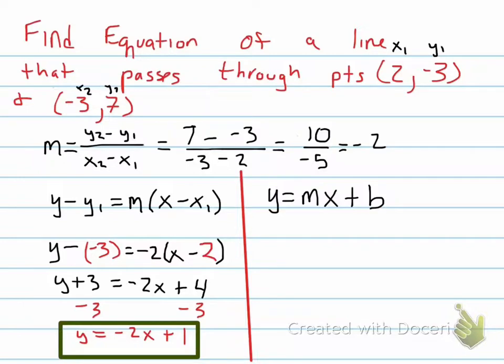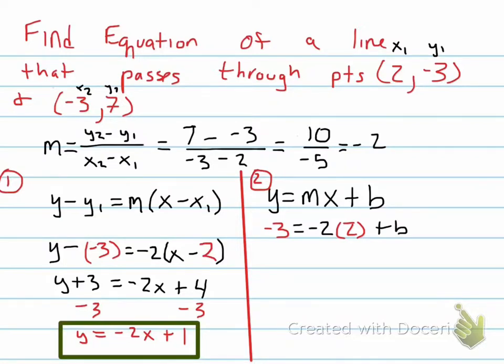So here's way 1. And I'm going to show you way 2 now. All I would do, it's the same concept really, is I take my m, and I'll plug in the 2 points. So I could plug in -3 for y equals -2, and then plug in your x, which is 2, and then instead we write the b in this one, plus b, and we solve for b.